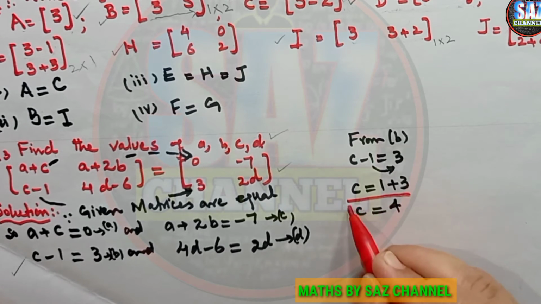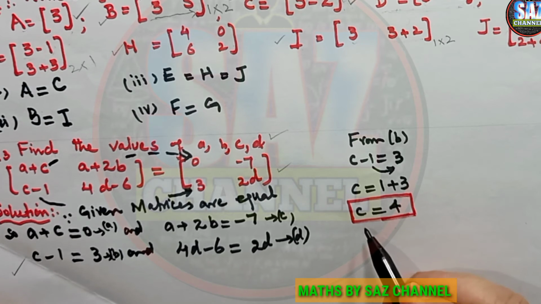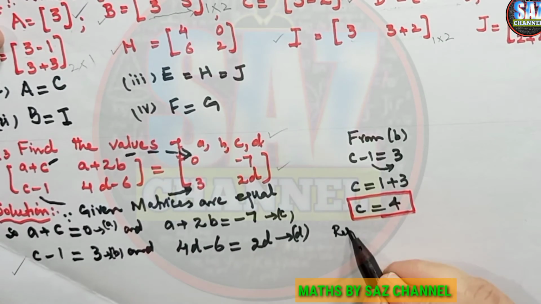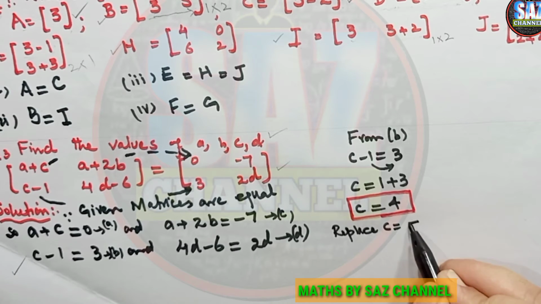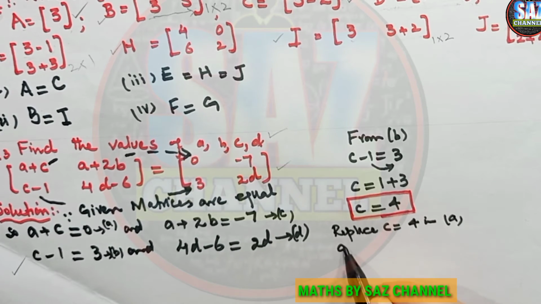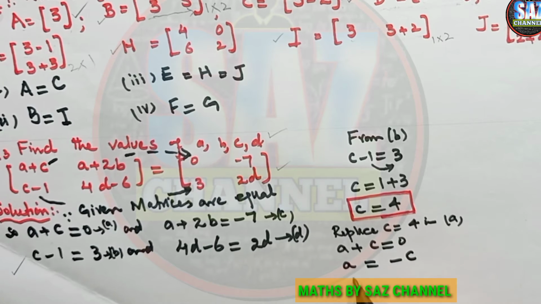C equals 4. Now if we look at equation A, replace the value of C equals 4 in A. So it will take the form A plus C equals 0, or A will be equal to minus C, or A will be equal to minus 4.